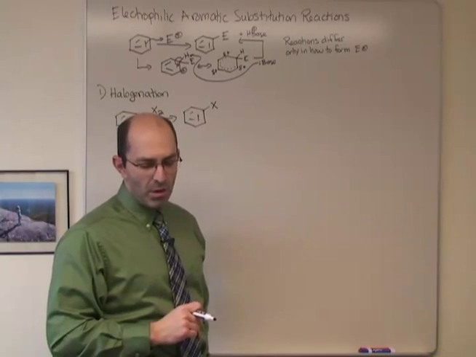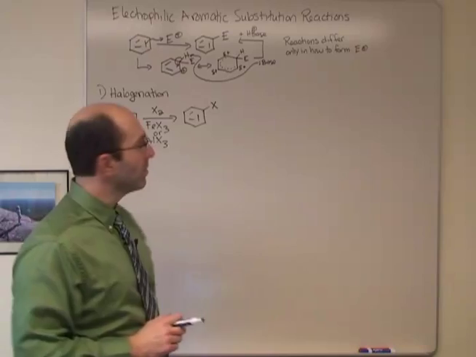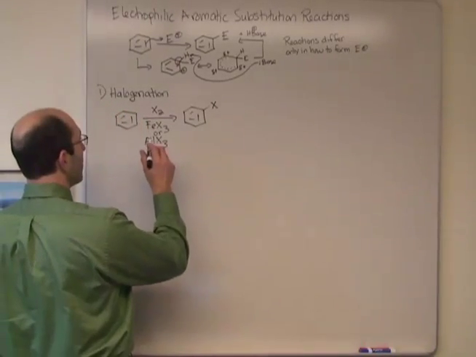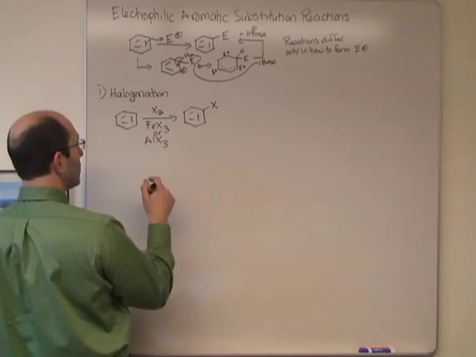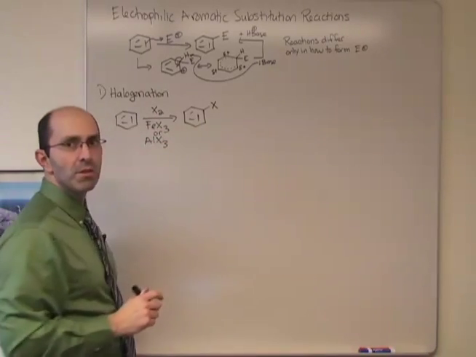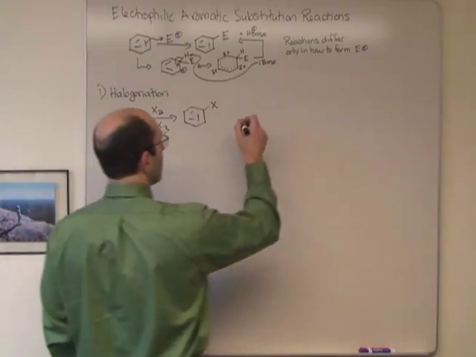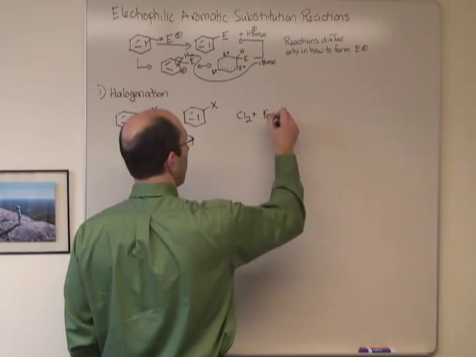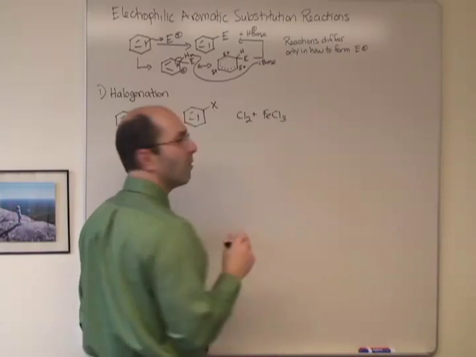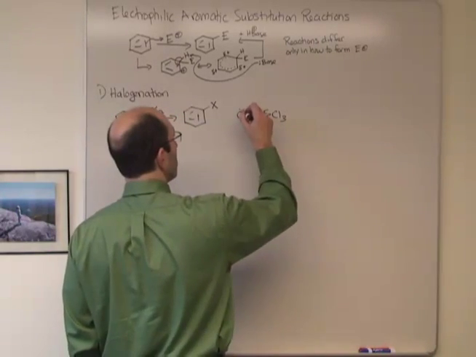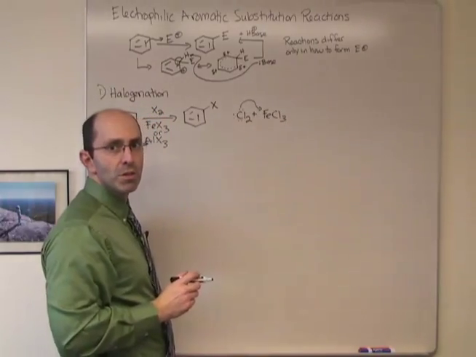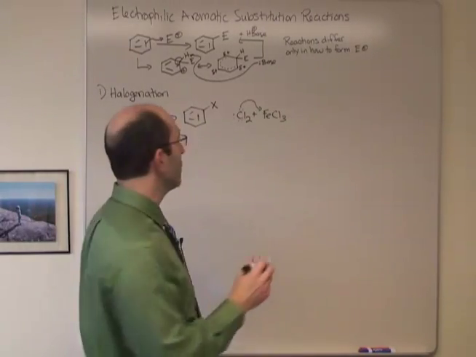And the key thing to think about here is that when we're doing this reaction, what's actually happening is that we're having X2 react with one of the Lewis acids, right? So if, for example, we had Cl2 plus FeCl3, what's going to happen is that we're going to have one of the chlorines react with the iron, since it's a Lewis acid, an electron pair acceptor, right?